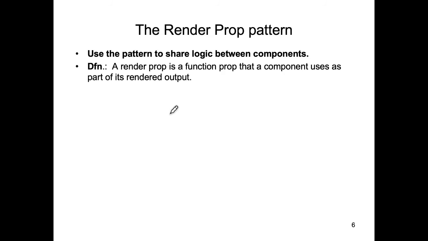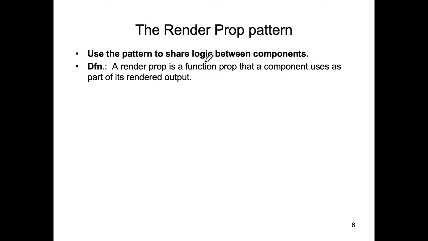What's a render prop? Well, a render prop is a prop. We know what a prop is. A prop is something that you pass to a component. By convention, the prop is called render, but that's only coincidental. It's what the prop is that's significant. And in the sentence here, I'm saying that the prop is a function, but the function, when it's invoked, returns JSX.